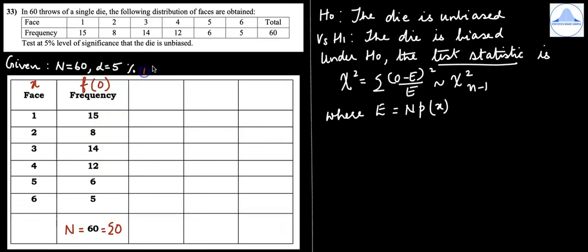So in this given part, you can also include n is equal to 6. That is the total number of outcomes.